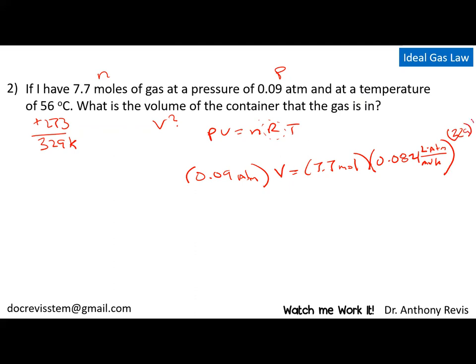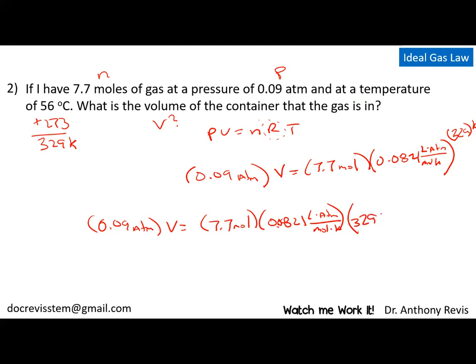If you permit me, I want to rewrite that for you a little neater again. 0.9 ATM, ran out of room over there, times our volume, equals 7.7 moles times 0.0821 liter atmosphere per mole K times the temperature of 329 K. And then we just solve for V.